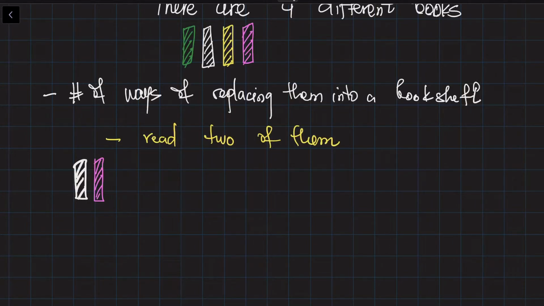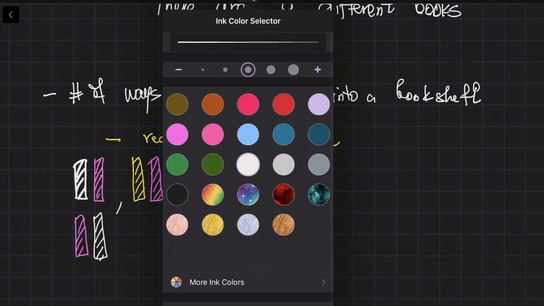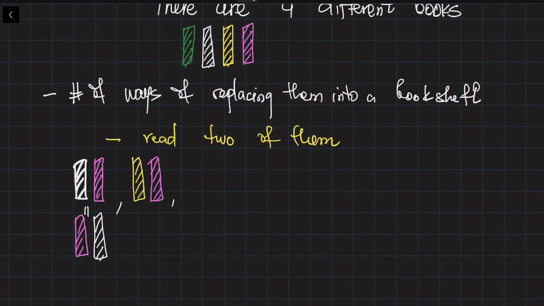Or you may choose the yellow one and the pink one. So this is going to be another set, and so on. So how many different sets is it possible to create, where the order doesn't matter. It doesn't matter whether you choose the pink and the white, they are going to be the same. The most important thing is which of the books you're choosing.